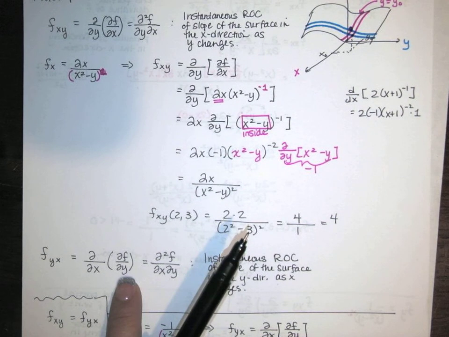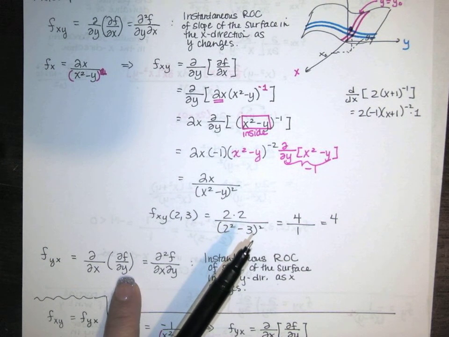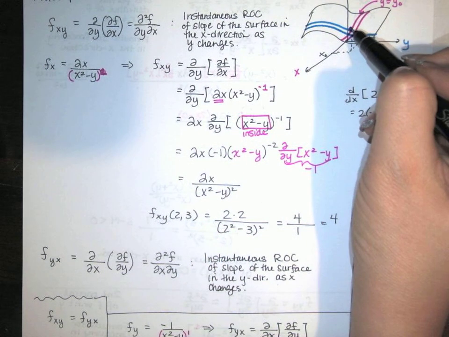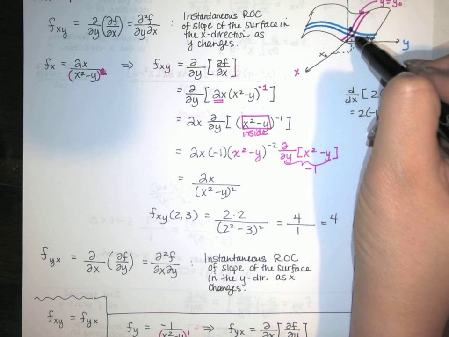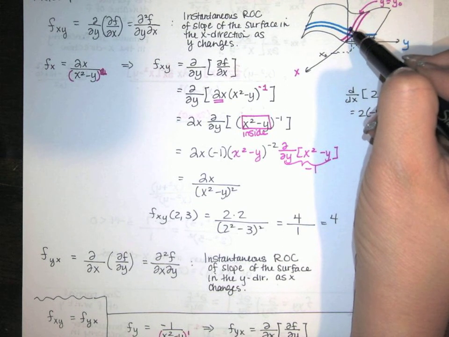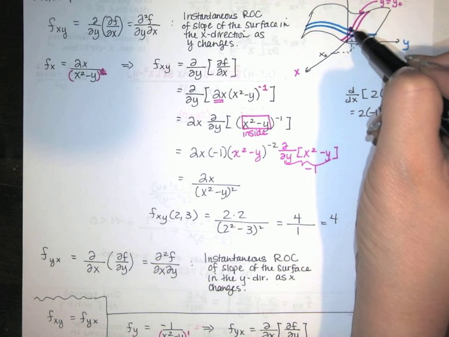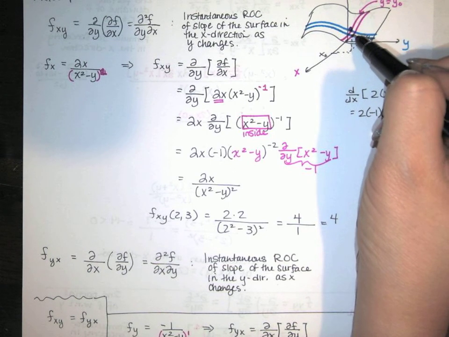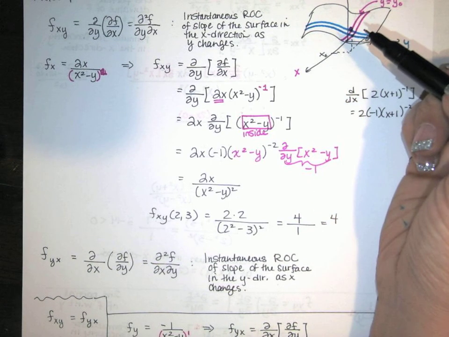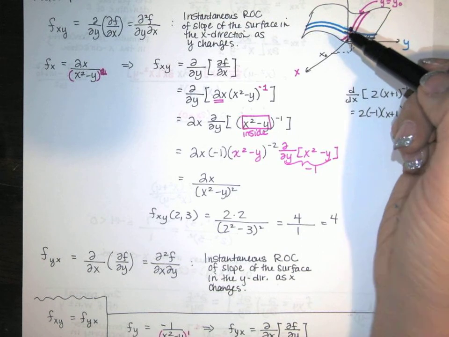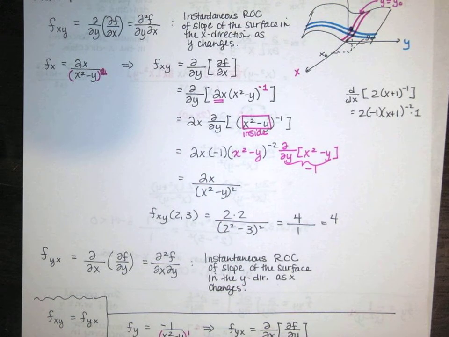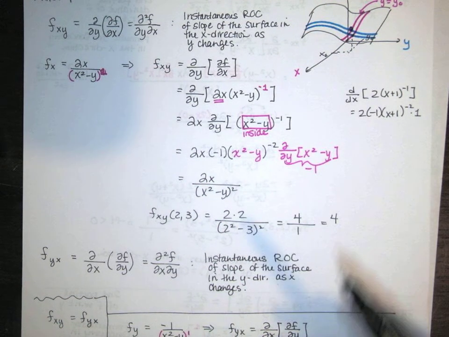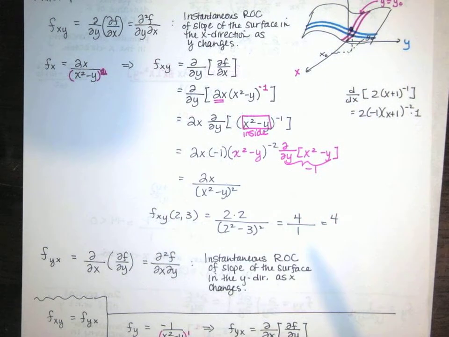Over here, I'm starting at the purple point, and I'm looking at the rate of change in the y direction, and then I'm seeing how x changes. So whether I change x first and then y, or if I change y first and then x, I still end up at the same location. And it still hasn't proven that these are going to have to be equal to each other, but the fact that we end up at the same location would make me suspect that these two functions have to be equal to each other.